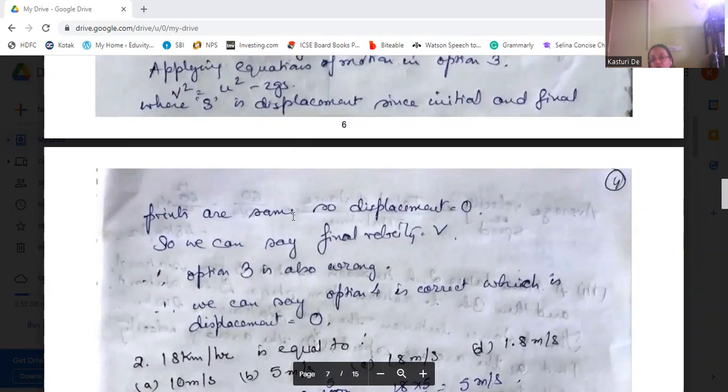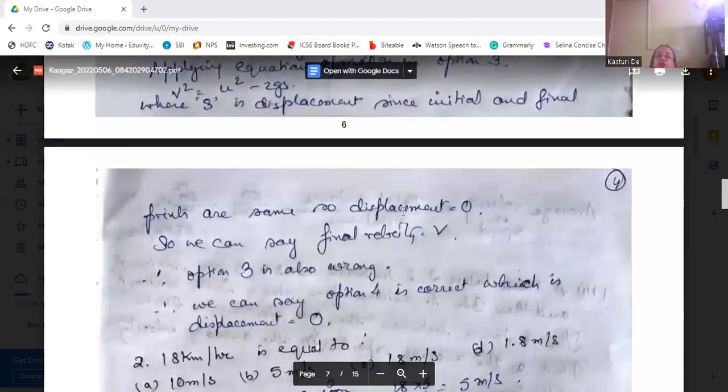Since its initial and final positions are the same, the displacement is 0. Therefore, the final velocity will be equal to u, not 0, because displacement is 0. So we can say that option 4 is correct.